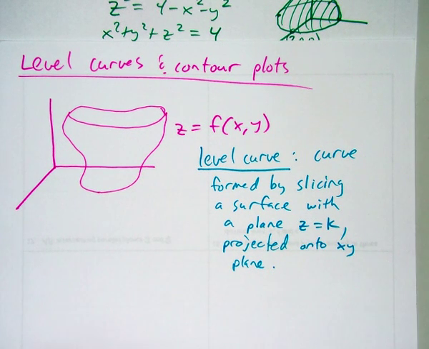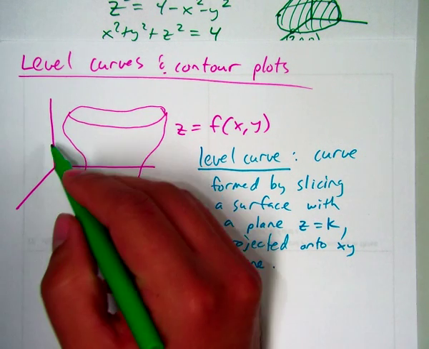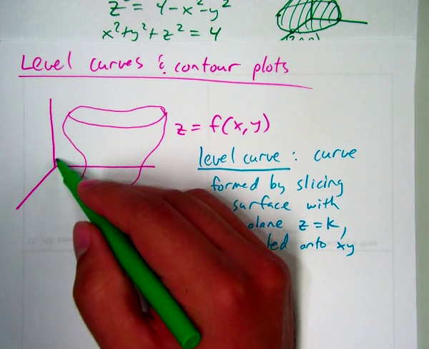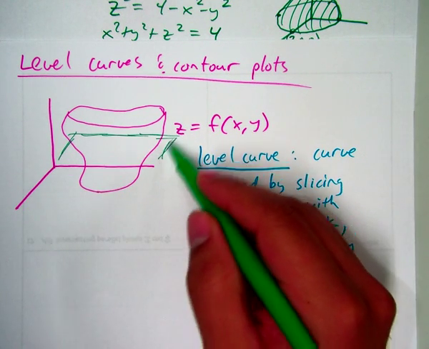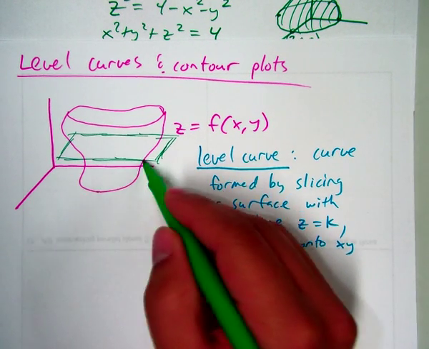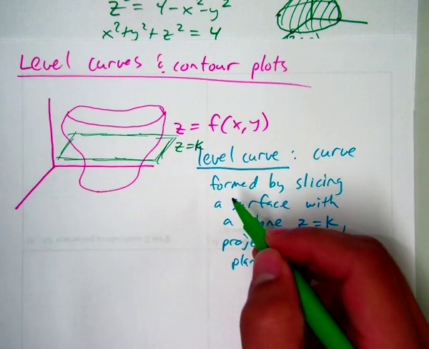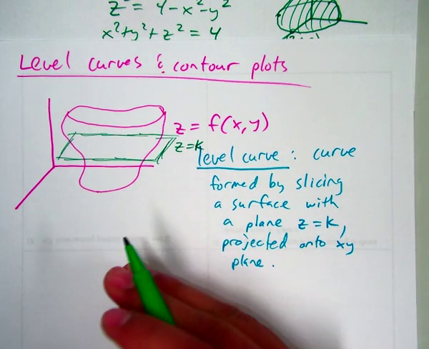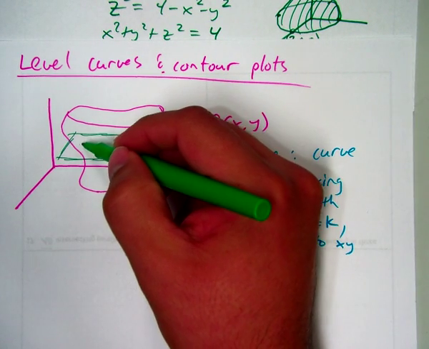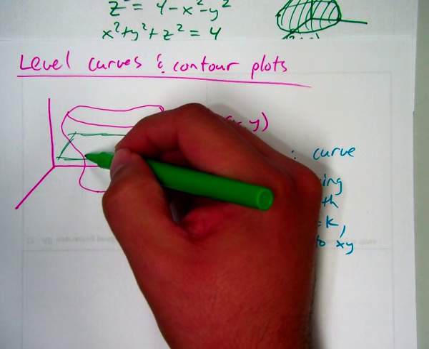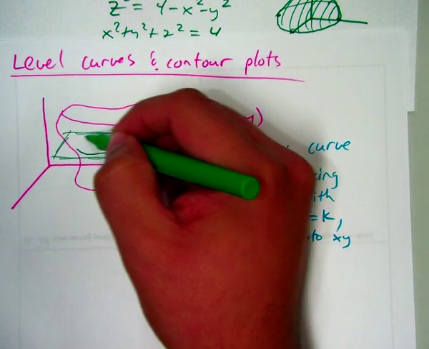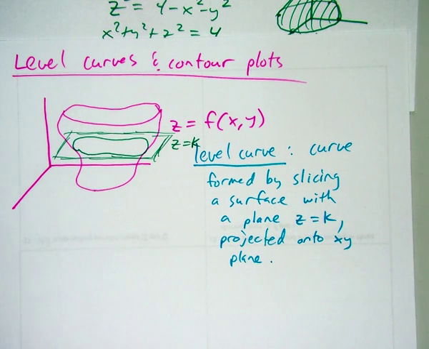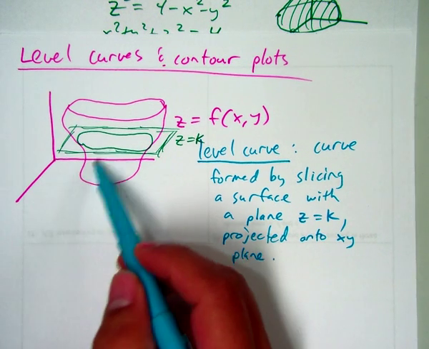So, if I were to take, for instance, yeah, it's a cross section. If I were to take a plane, z equals k, and just slice straight through the surface, maybe we get something that looks like this. So maybe that's what we're looking at when we slice it.